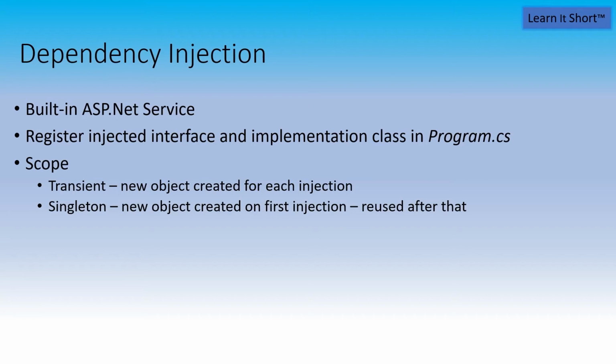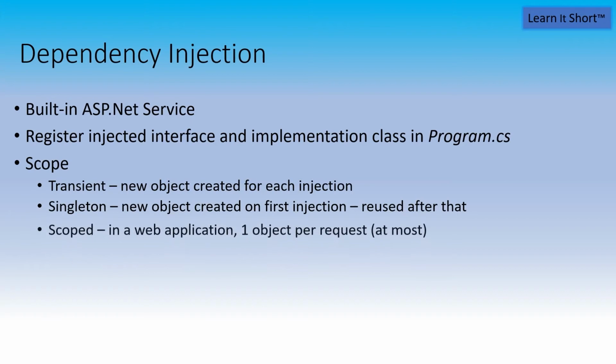It's like a global though, so keep that in mind. And then scoped, and in a web application, scoped means one object per request at most. So the first request for the object, it's created. After that, the same object is used, but at the end of the request, the object is discarded.